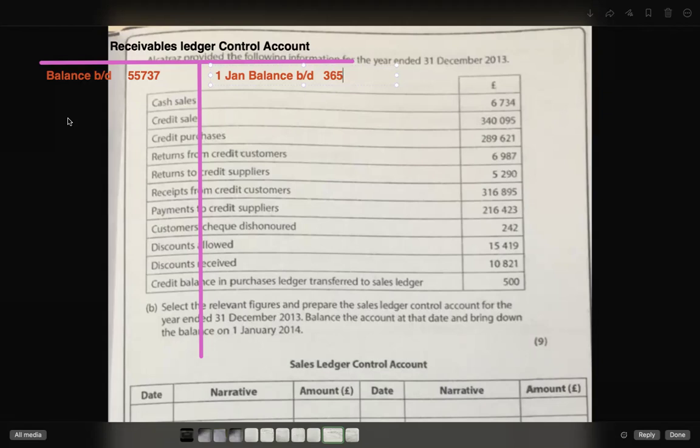Shion, on which side would you put cash sales according to the format? Shion, please answer this question. Is Shion in the room? Yes. Sir, can you repeat the question? Has anyone else heard the question?